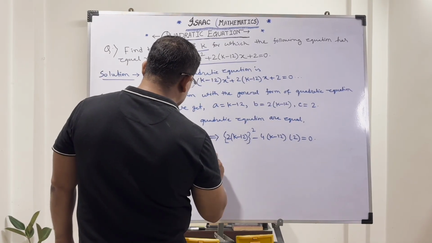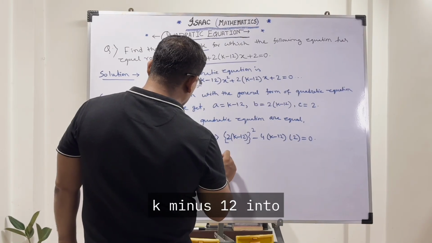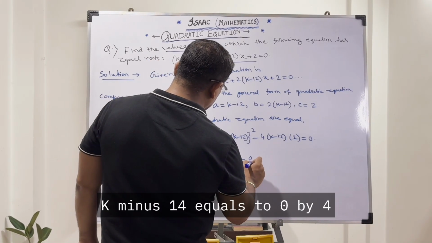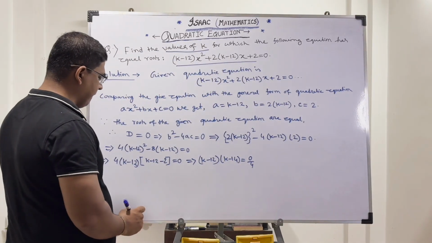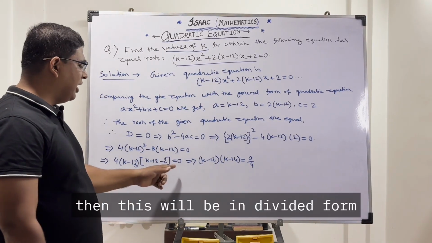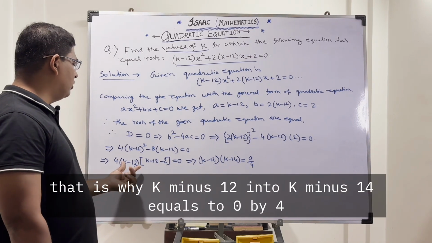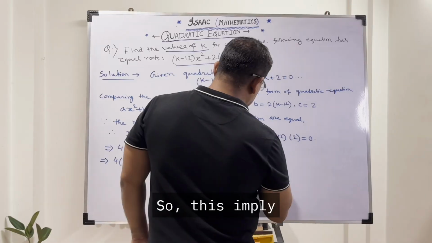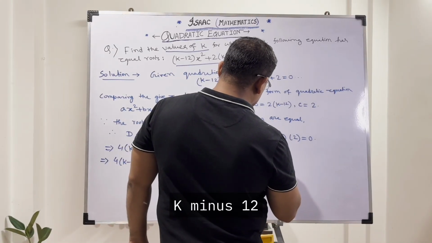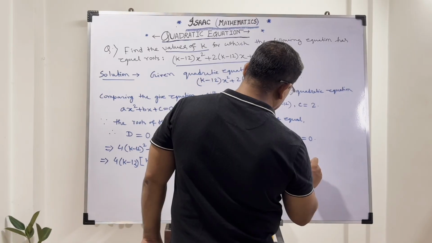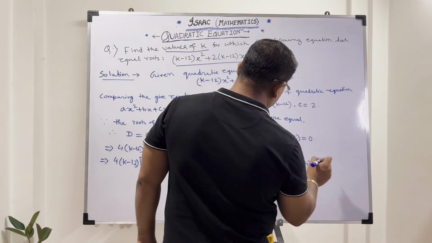This implies 4 (k minus 12)(k minus 14) equals 0. The 4 goes to the right hand side and is divided, so (k minus 12)(k minus 14) equals 0 by 4, which implies (k minus 12)(k minus 14) equals 0.